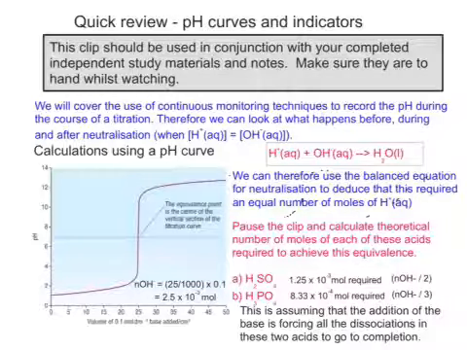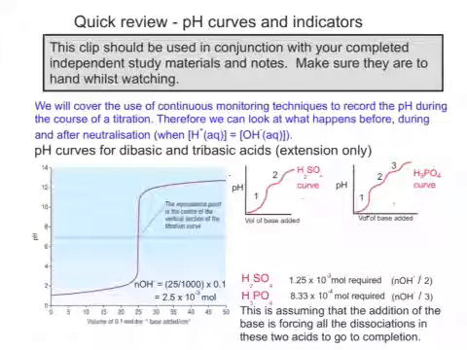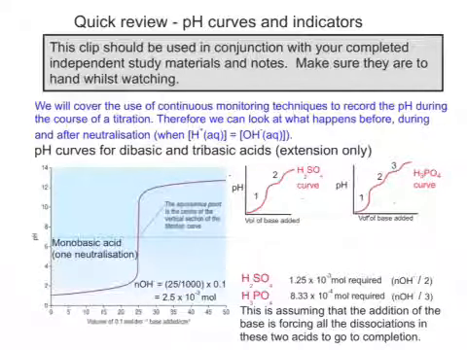So you may recall a couple of minutes ago I asked you to suggest possibly why the shape might not match the one in the graphic. It's because the graphic shows the pH curve for a monobasic acid. In other words, one neutralisation.